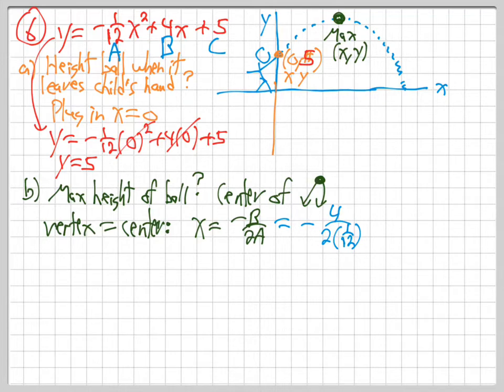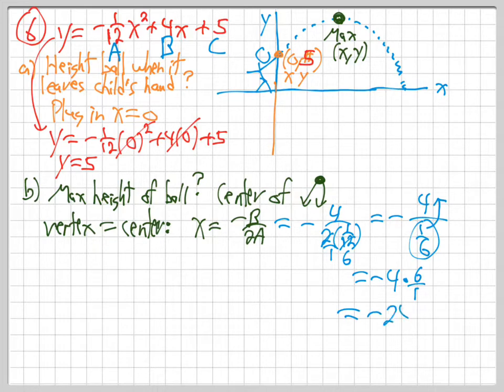So how should we do that? Well, it's a little messy. It's negative 4 over, so this is 2 over 1. So 2 goes into 12 six times. That's 1/6 on the bottom. And then grab that 1/6 and flip it up. So it's negative 4 times 6 over 1. It's negative 24, right? When you divide by a fraction, dividing is upside-down multiplying.